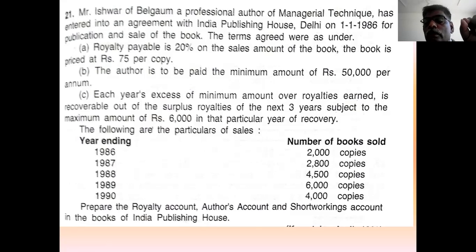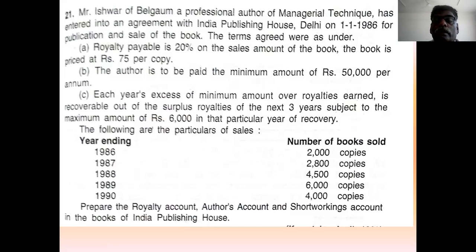Maximum limit of recovery is rupees 6,000, not more than 6,000 in a year. This is the additional condition. You have to follow two conditions: time given is the next 3 years, and the limit is 6,000 per year for recovery.